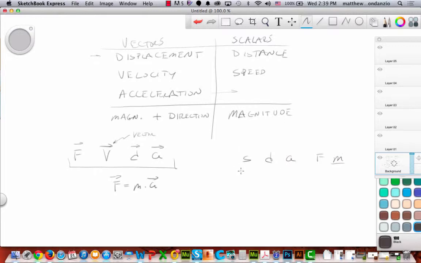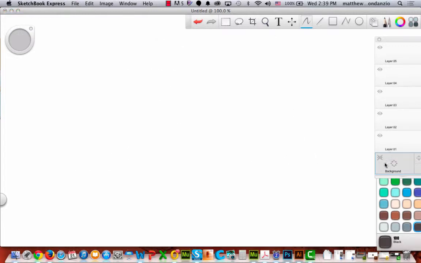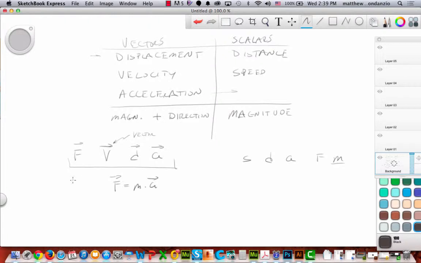All right. So are we good with that? Any questions? What's the capital F? This is force. Is that the same as scalar? Yeah, it's a scalar. It would be a scalar force. Like I could say I have 2 newtons of force, but typically when we say 2 newtons of force, we imply a positive 2 newtons. But then you have to decide what direction positive is. So there are a lot of nuances.